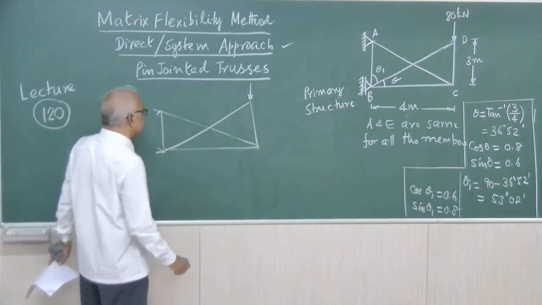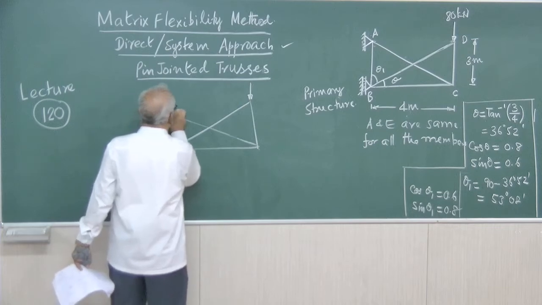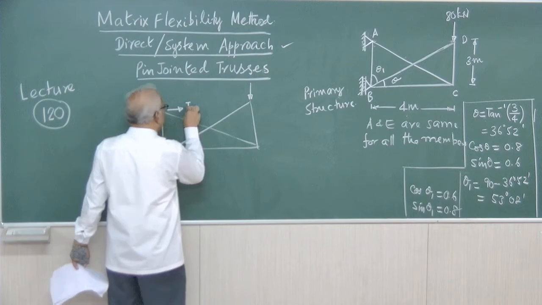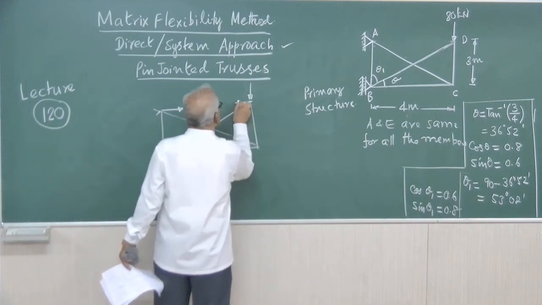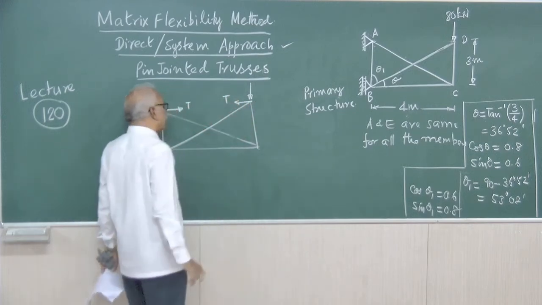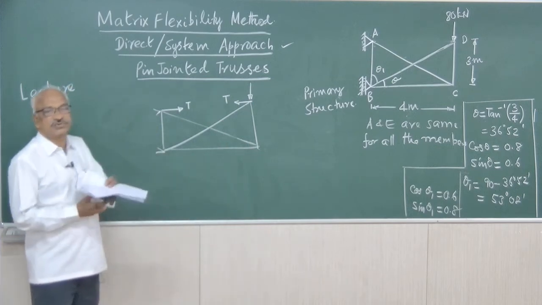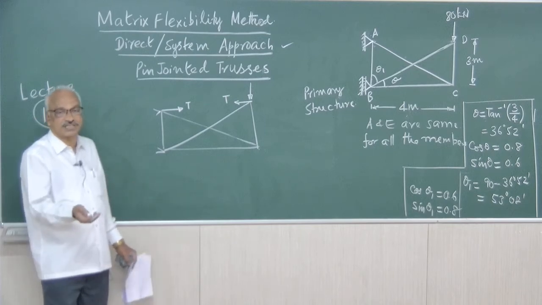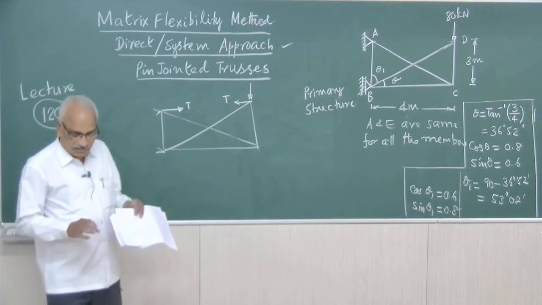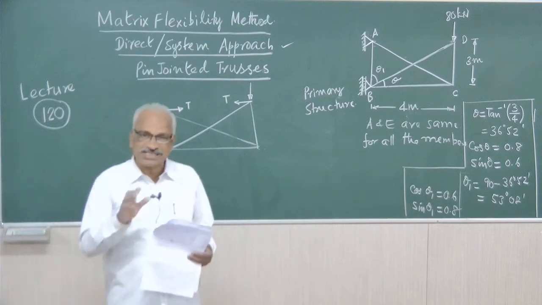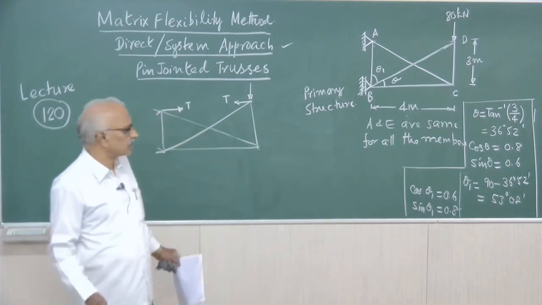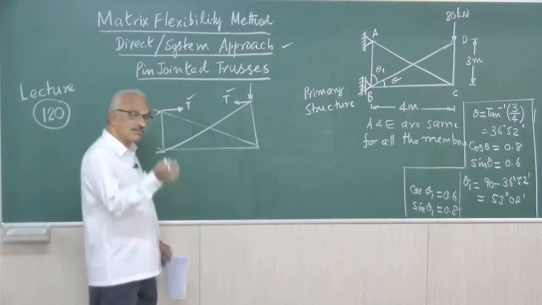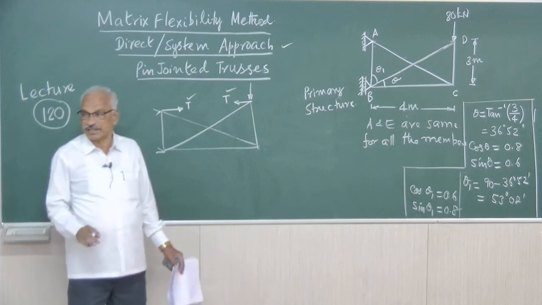What we have done is, along the redundant member, we have applied an unknown force T, and analyzed for the force in various members. So there we have completed the analysis in one cycle of method of joints, because we have included this also, and from this we have got the redundant force. That is what we have done in the strain energy method.